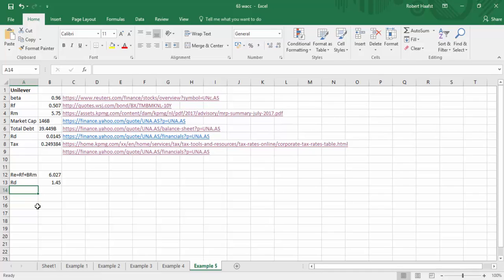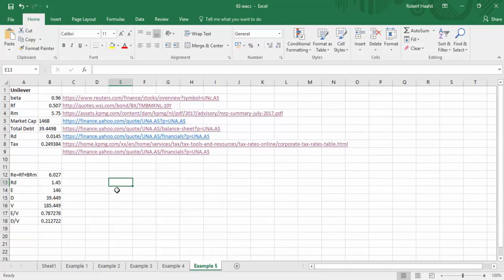Well, we have our equity, we have our debt, so we have our equity to value. Or let's first start with the value, which is 146 plus the 39, so equity to value is that, and the debt to value is then 1 minus that.